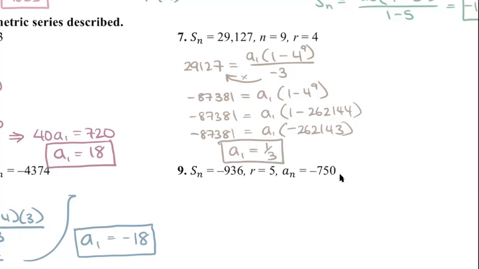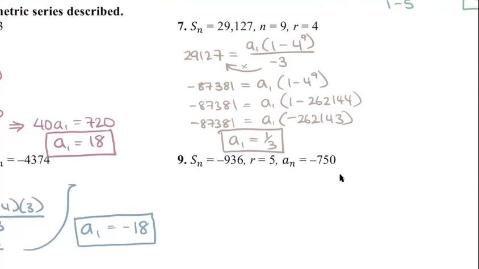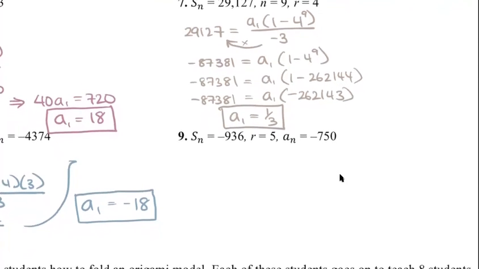Summer, you ready for that one? Yeah. Okay, perfect. Go for it. Okay, so I plugged in negative 936 into the equation, and then a sub 1, I just did plus 750 times 5.